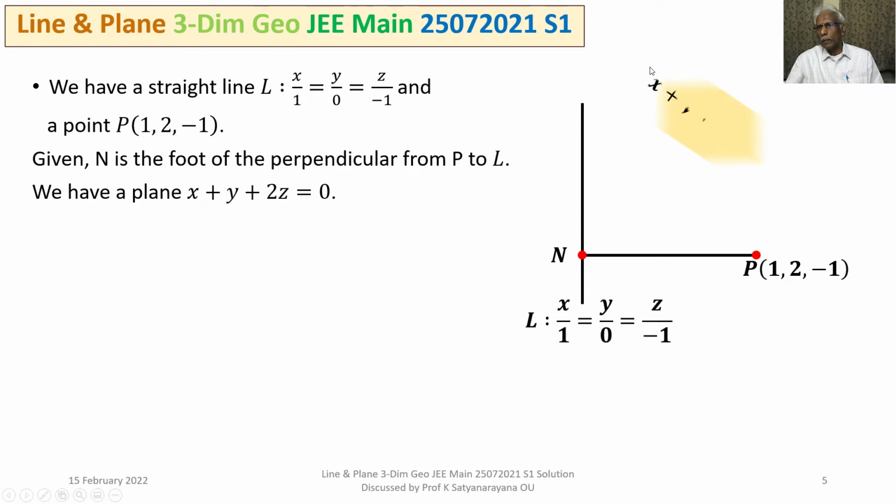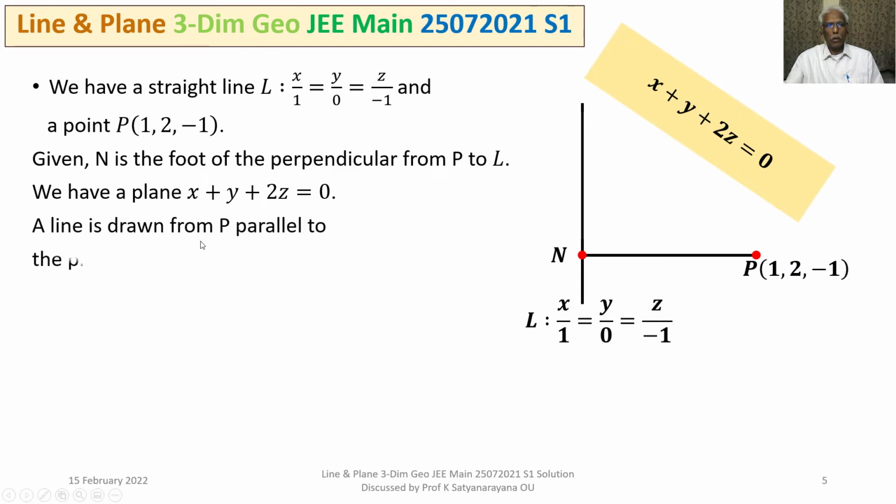This is the plane, and the direction ratios of the normal to this plane are 1, 1, 2.